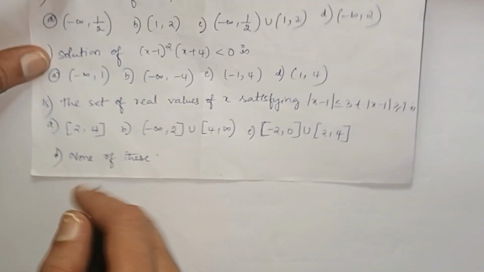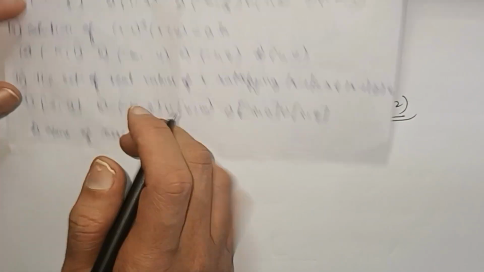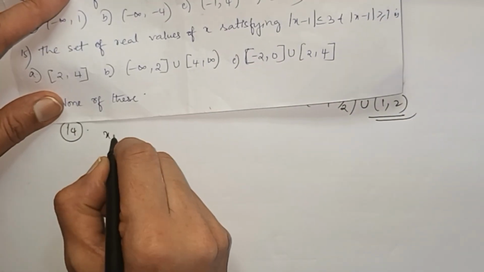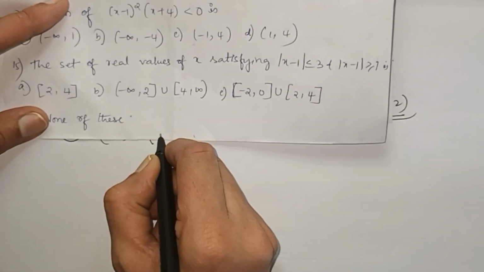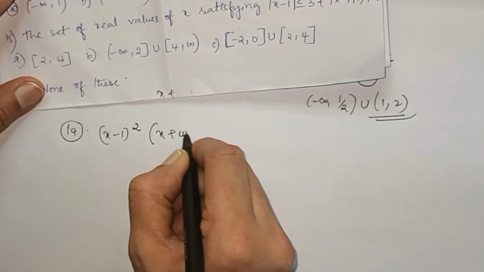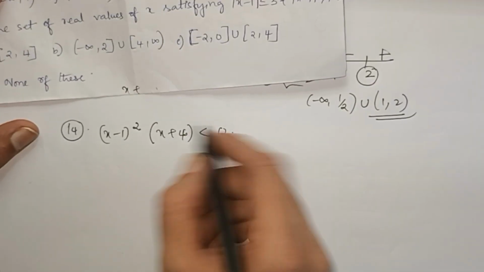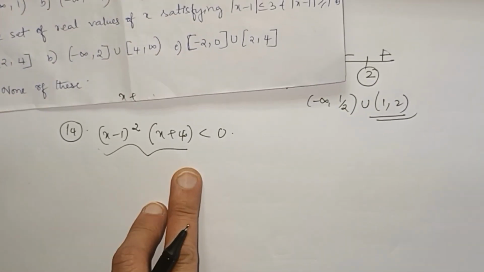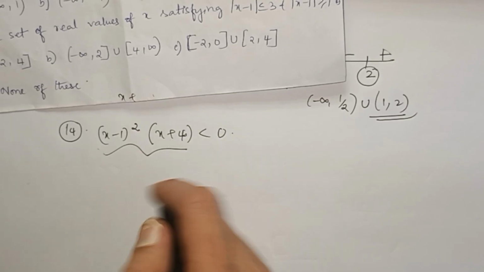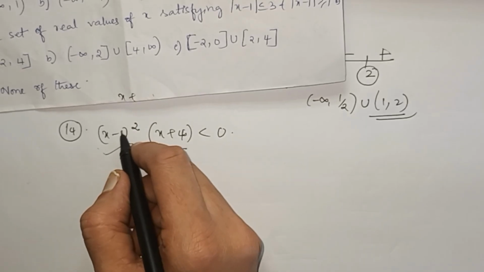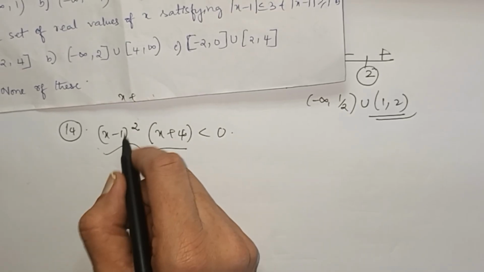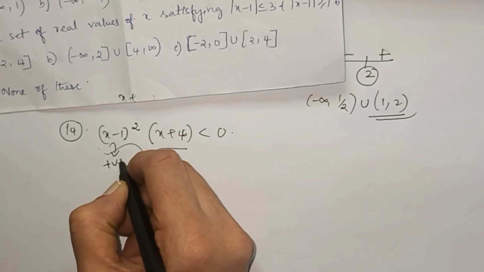Next, 14th question. See, the 14th question says the solution of the inequality (x minus 1) whole square into (x plus 4) is less than 0. So this is the product of two expressions. No need to go with the wavy curve method because it is directly understood. Square of a number is always positive.